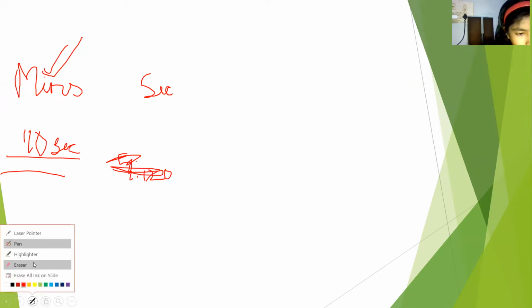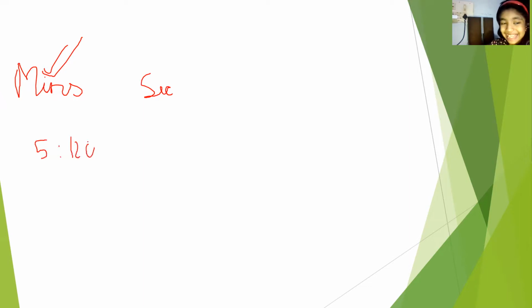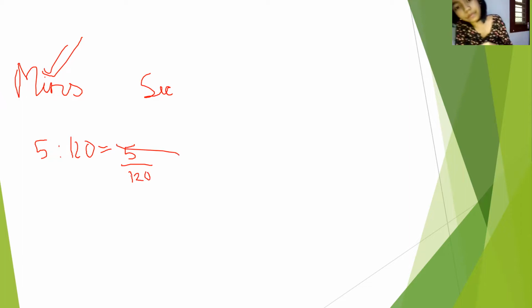Let's clear all of this mess which I've created. 5 ratio 120. Easy, simple, understood. So it can also be written as 5 by 120. Then we will simplify.